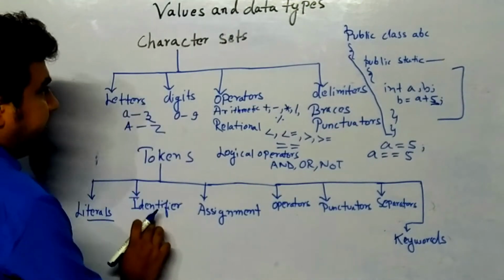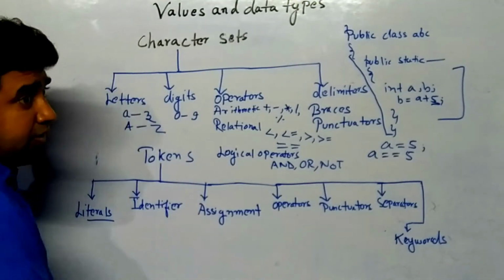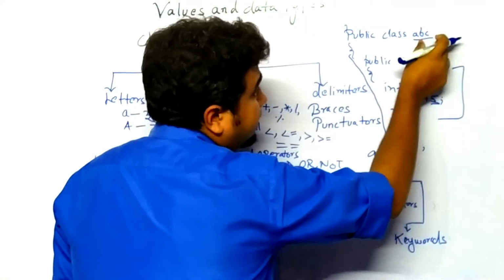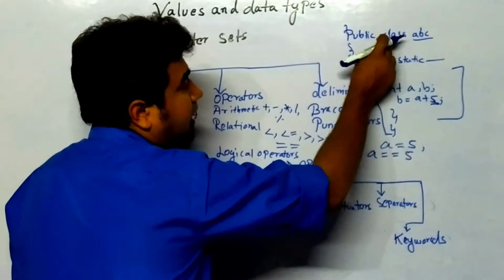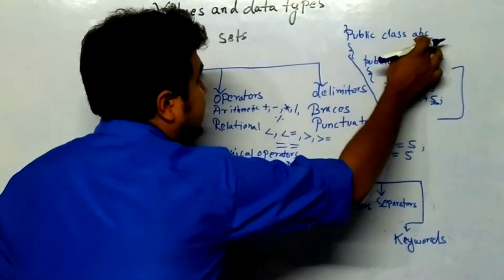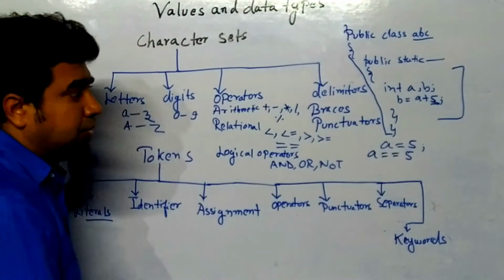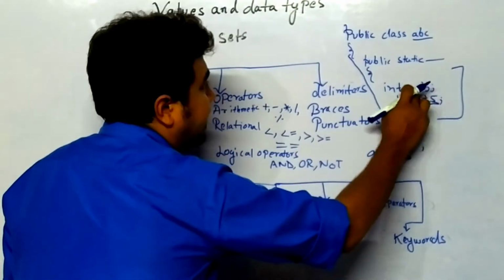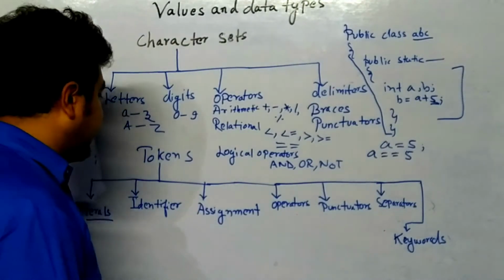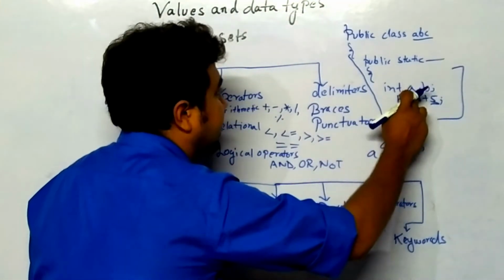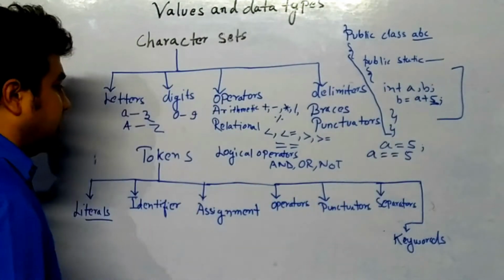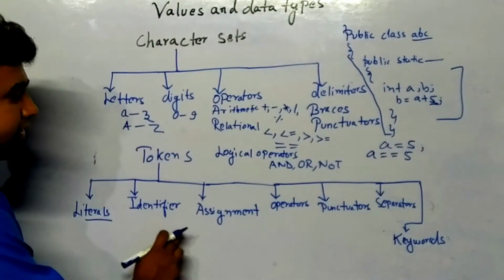Now the identifier. Where are identifiers present? ABC. ABC is identifying that this is a class. If you ask what ABC is, ABC is a class. A and B are also identifiers. Identifier means it is identifying that A and B are of integer type.